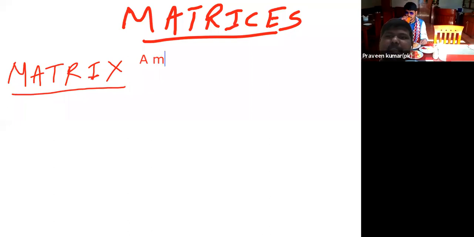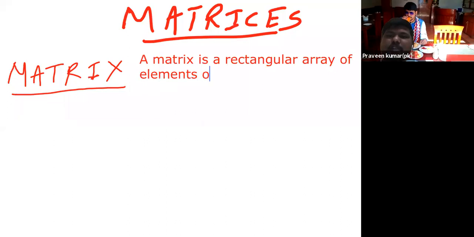A matrix is a rectangular array of elements or entries. Okay. A matrix is a rectangular array of elements or entries. This is the definition.